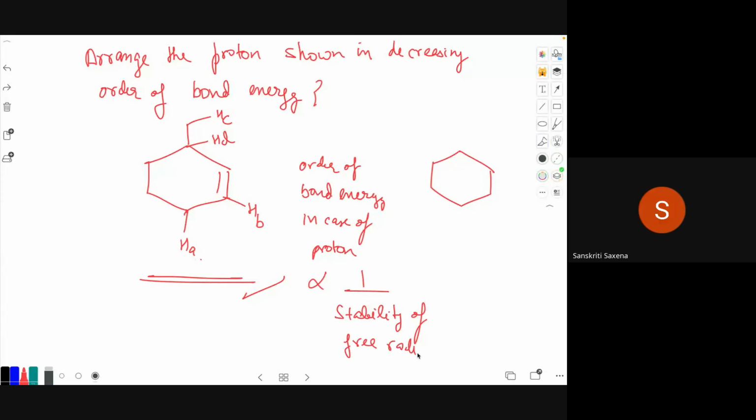So we did a similar question in class, but my answer is not matching what they've given. So I had a doubt in that. Let's see. We check for the stability of free radicals, right? For protons, you have to check minus.